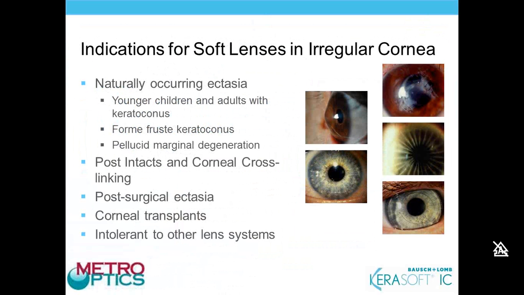So for those patients that suffer from these particular conditions, if they're already intolerant to whatever lens modality that they have that is a rigid lens, whether it's a hybrid or a corneal GP, or they just aren't ready to try a scleral, they make a really good candidate for the KeraSoft IC lens.